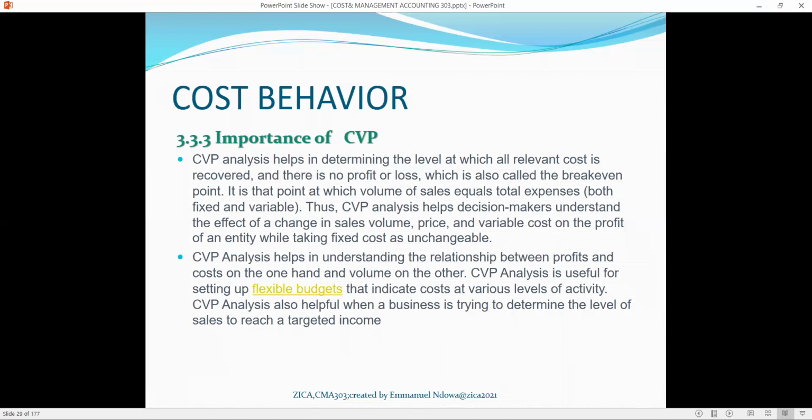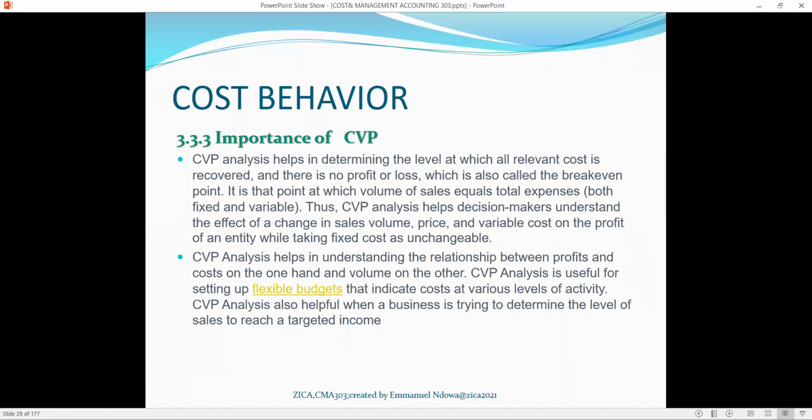That's the reason why we speak of cost behavior, because if the volume behaves, price behaves, the variable cost behaves, you can realize different profits.